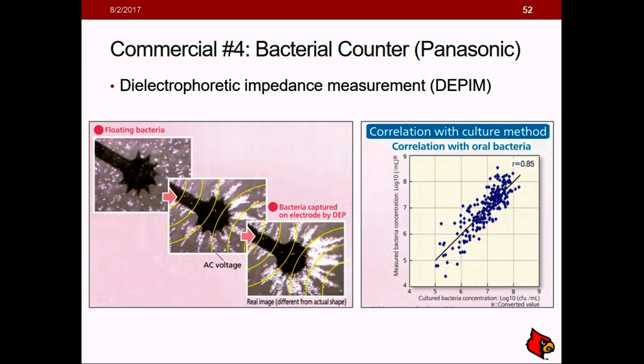You correlate it with some known library, and it can determine the number of bacteria, the concentration of bacteria within your system. So it's a combination of dielectrophoresis to concentrate the sample, and then impedance spectroscopy to count and determine how many are present.